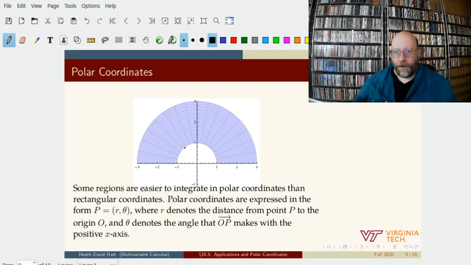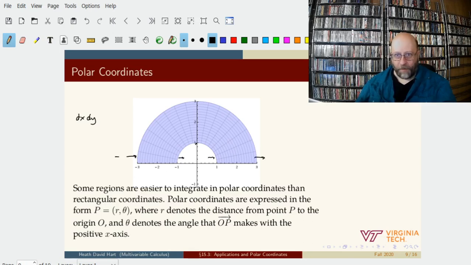There are some regions that are easier to integrate in polar coordinates than in rectangular coordinates. And here's an example of one. If we did dx dy, the arrow moves in the x direction. Well, this is the x direction, and the arrow enters the region, then leaves the region, then enters the region, and then leaves the region again between 0 and 1.